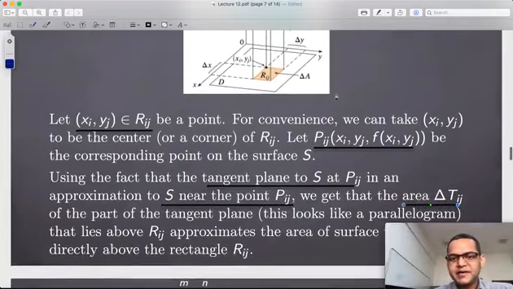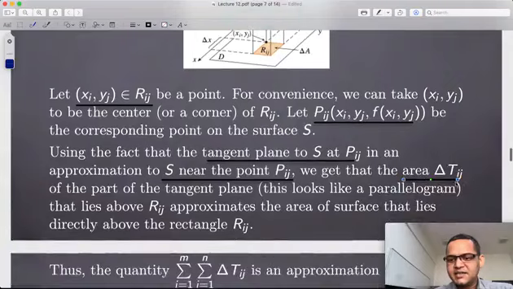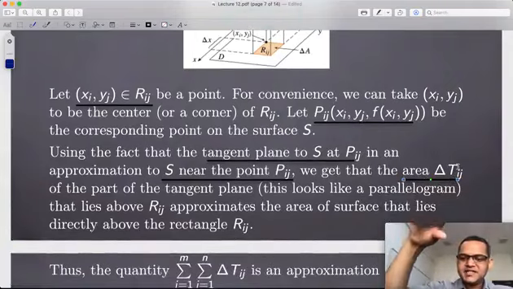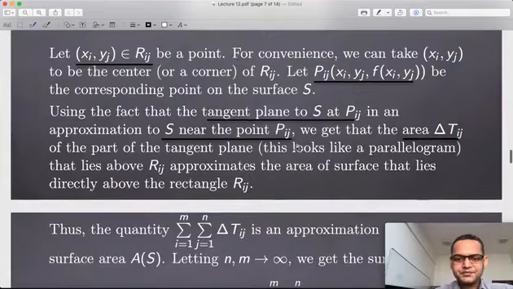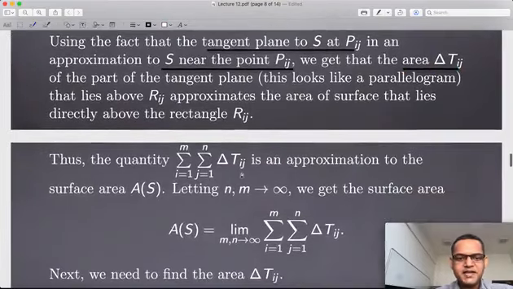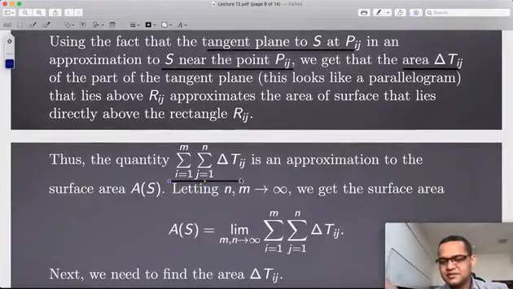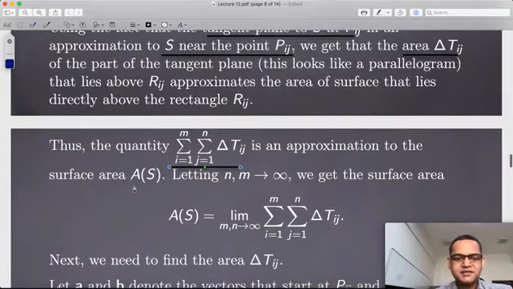So the area of this parallelogram I am calling delta T_ij. T is basically the part of the tangent plane above this rectangle. Okay, so then what we get is that if I sum all these areas of the parts of the tangent planes, I should get an approximation to the surface area.